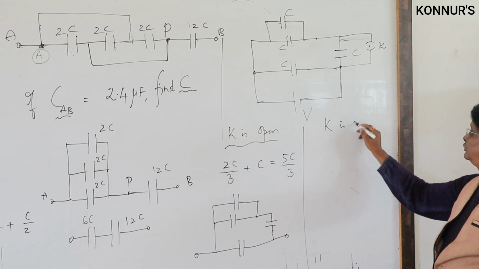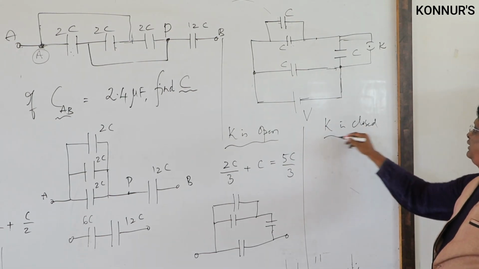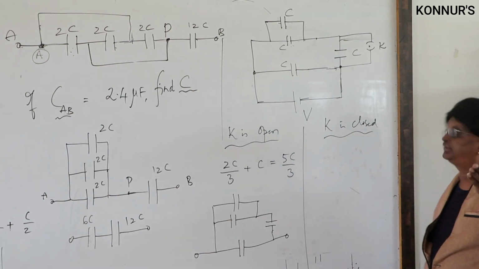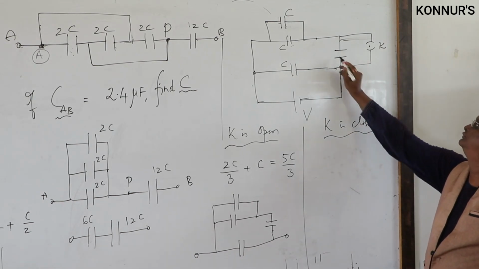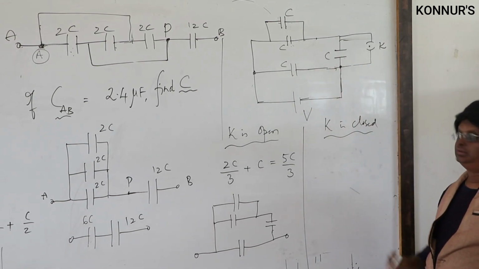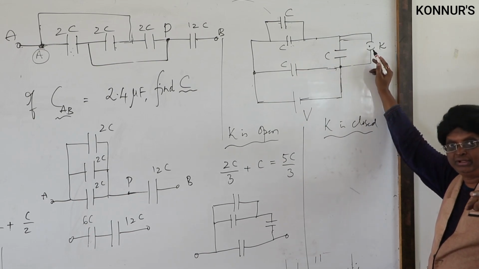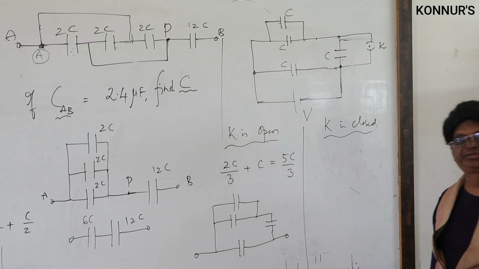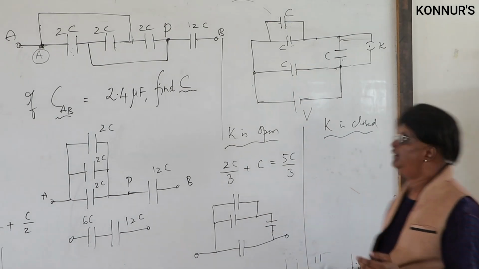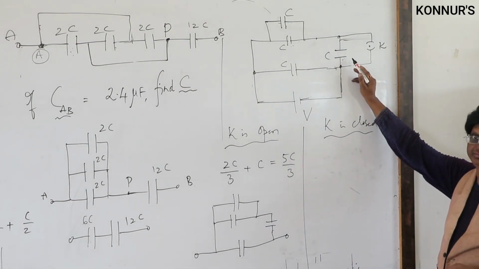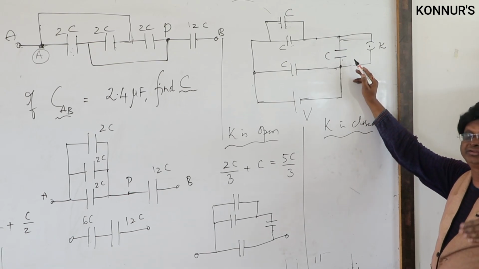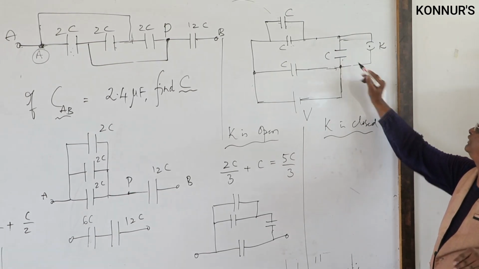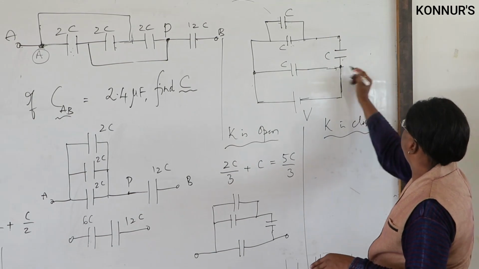Now the key is closed. Key is closed means the key is across this capacitor C, you can find, right? Therefore, when this is closed, the PD across these two plates becomes 0, and that is why we say this capacitor is short circuited. What is the meaning of short circuit?